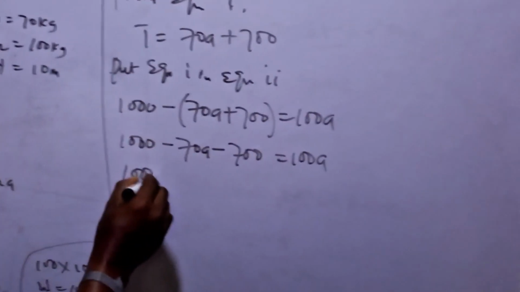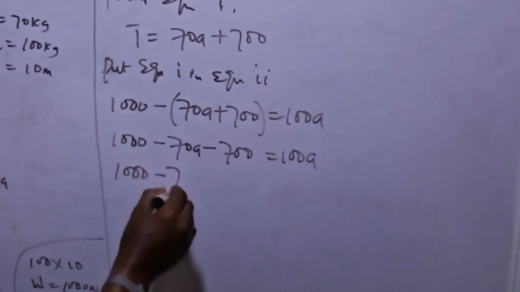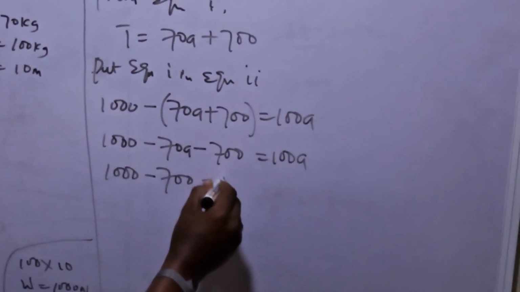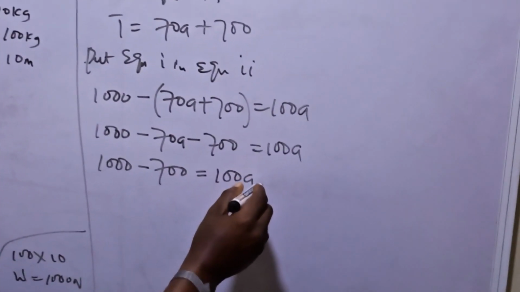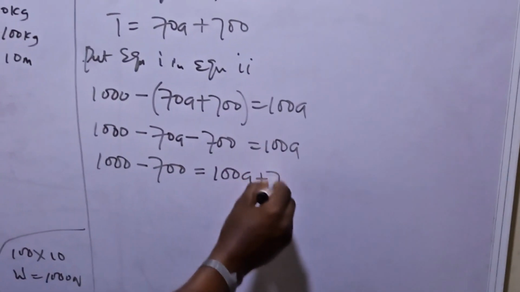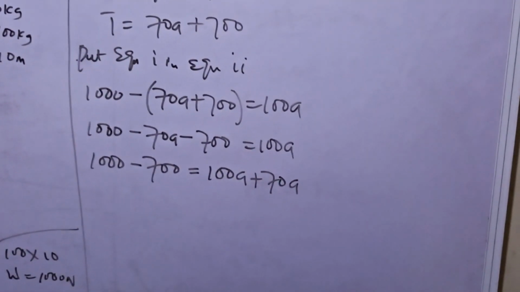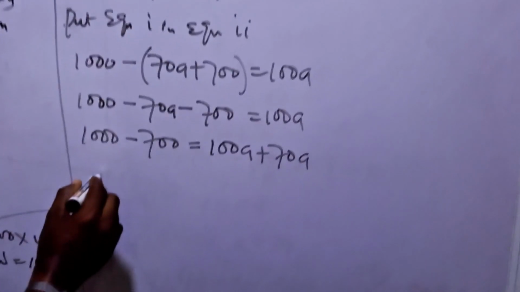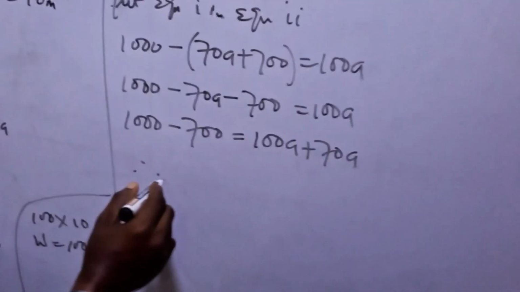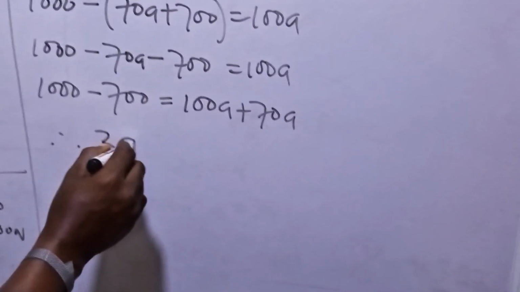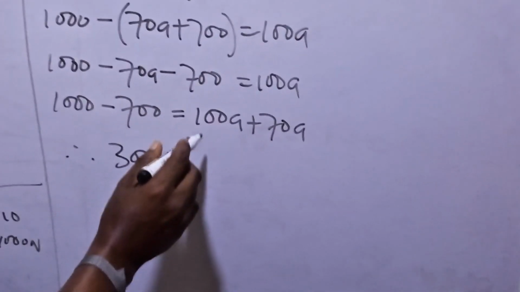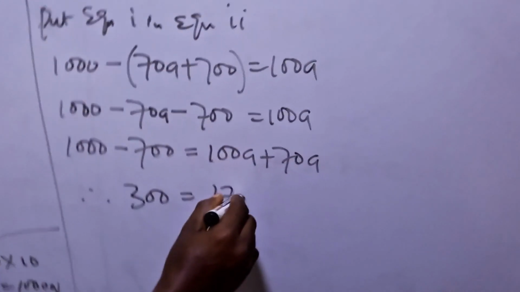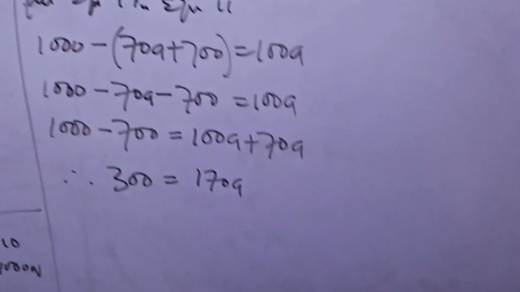Now we collect like terms. We have 1000 minus 700 equals 100A plus 70A. Therefore, 1000 minus 700 will be 300 equals 100A plus 70A, which is 170A.